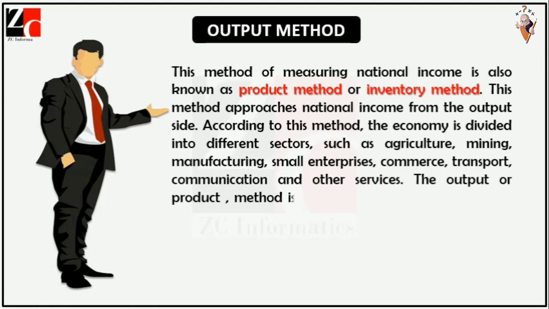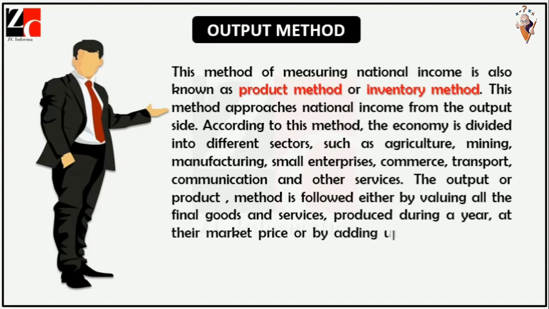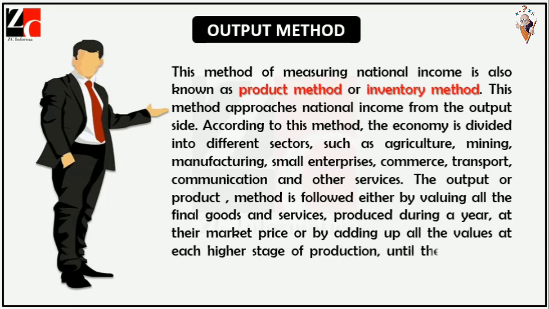The output or product method is followed either by valuing all the final goods and services produced during a year at their market price or by adding up all the values at each higher stage of production until these products are turned into final products.